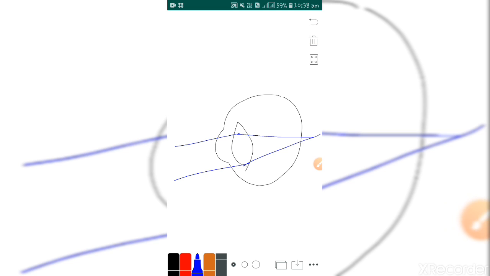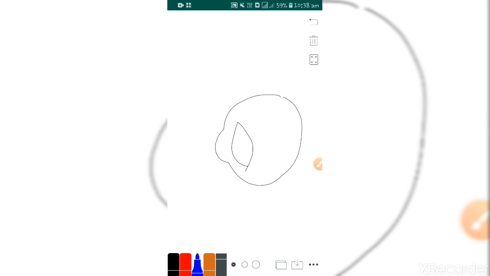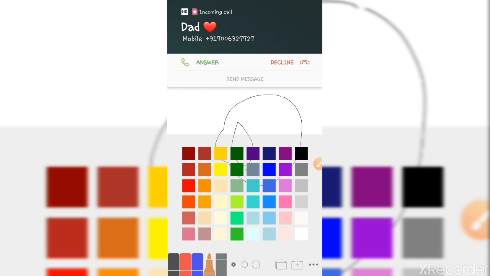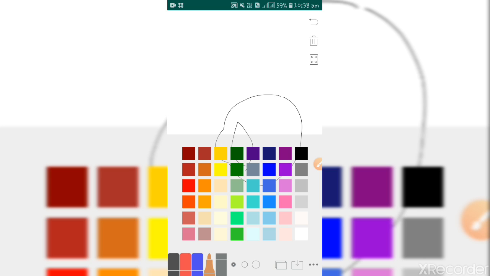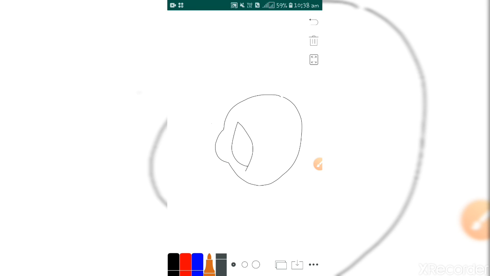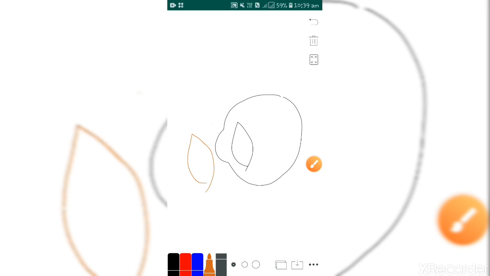We will use a convex lens. So the light rays are being converged on the retina.